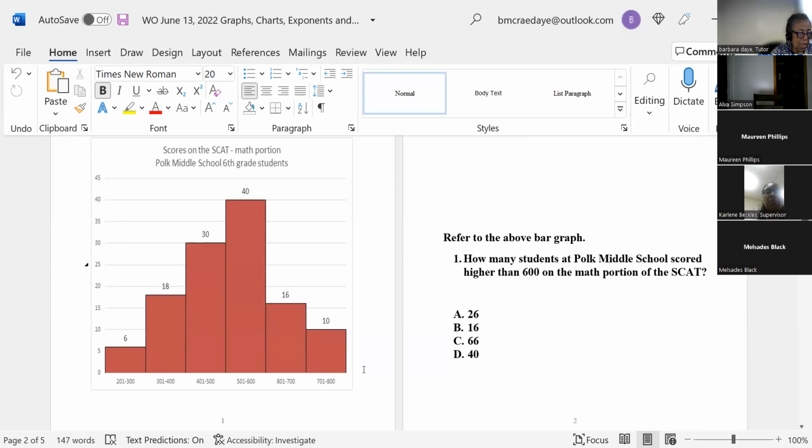These numbers on the X line represent SCAT score ranges. The numbers at the top of the bar represent what, Maureen? The grades? No, what is this number? What is 18 right here? What does that represent?